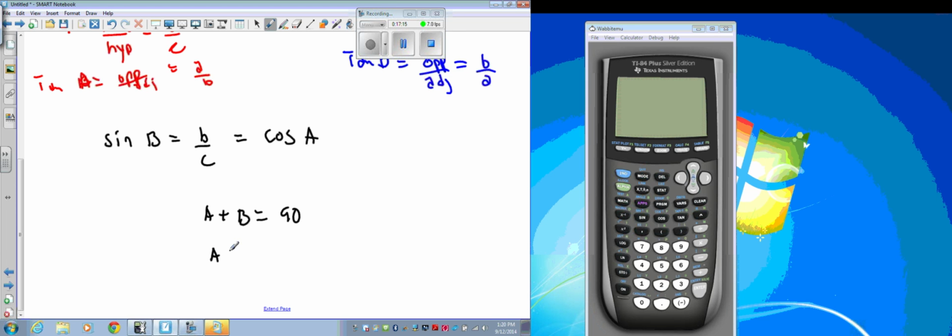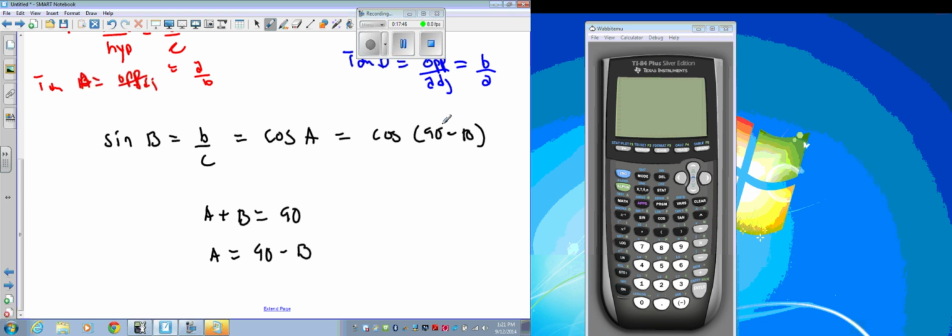So A is equal to 90 minus B. So this is equal to the cosine of 90 minus B. The sine of an angle is equal to the cofunction of its complement. Sine and cosine are cofunctions. Remember we talked about cofunctions?